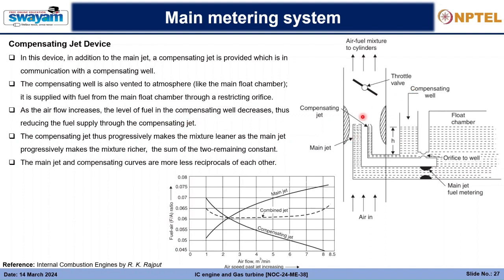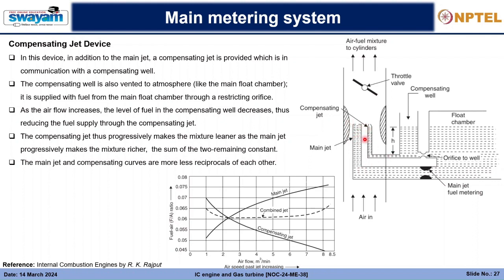So the compensating jet, as the word means, is used to supply an extra amount of fuel when it is required. Actually, the main jet and the compensating jet are the reverse of each other.